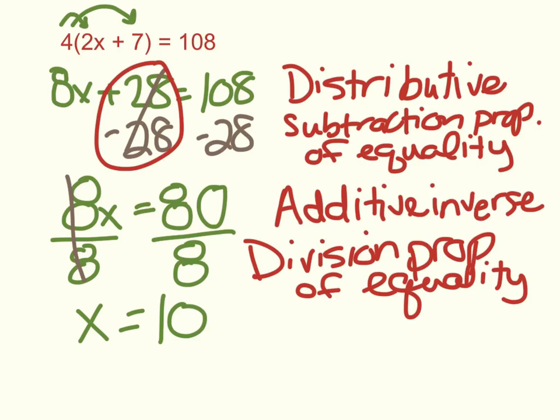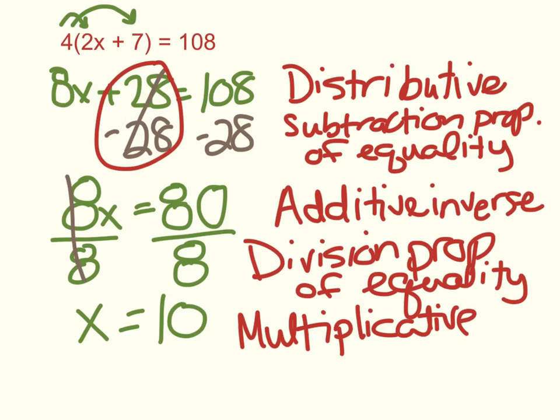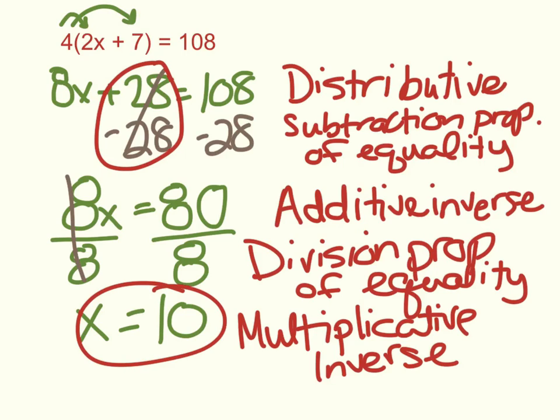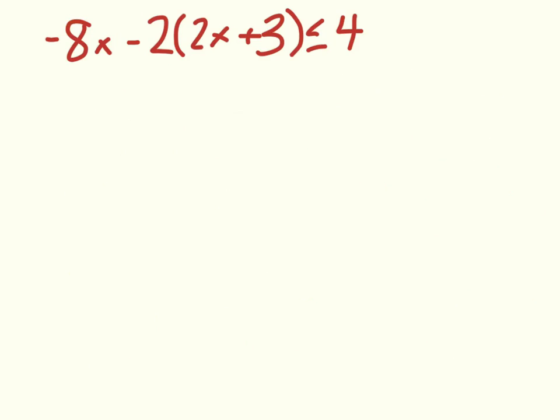And then at the end, we did the multiplicative inverse in order to get our answer of x equals 10. So there I've solved an equation and I've justified it with different properties.